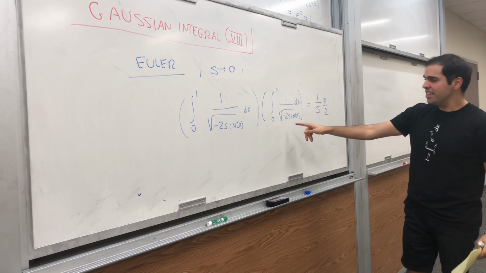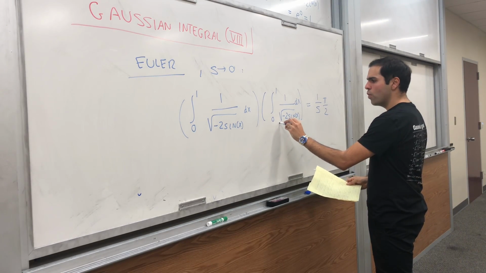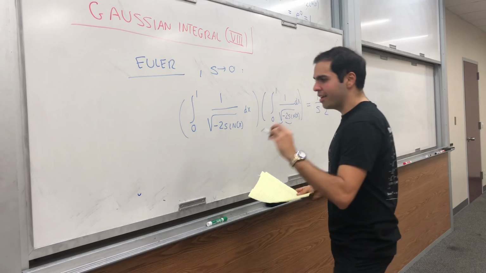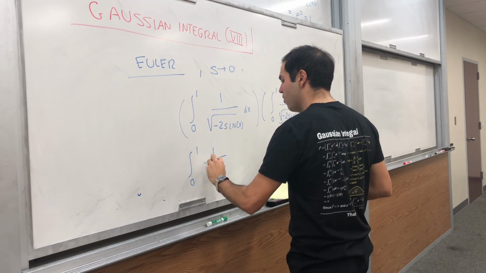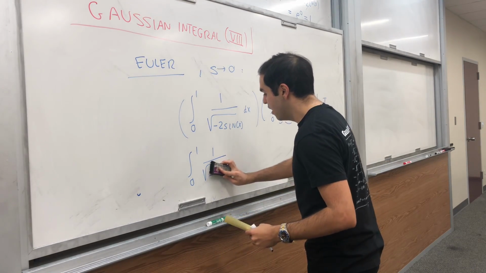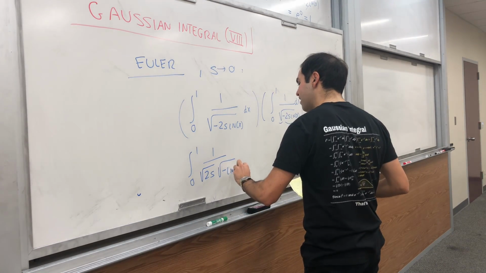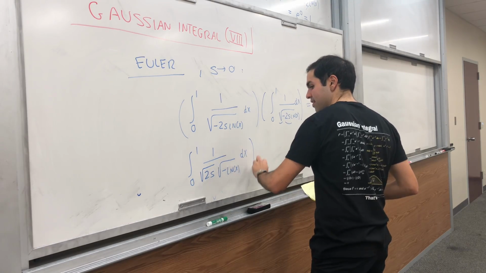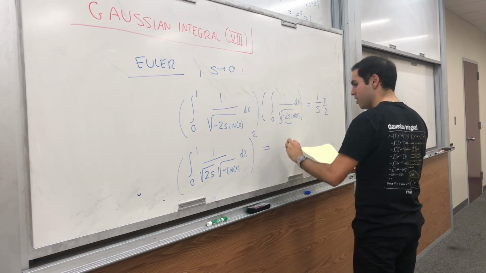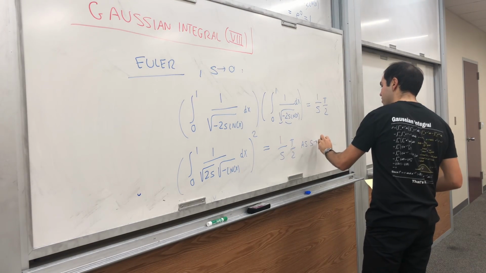But the nice thing is, notice there's this factor that comes out. Namely, there's this factor of the square root of 2s. So, again, first of all, it does become a square: the integral of 1 over the square root of 2s, times the square root of minus ln of x dx, squared, is equal to 1 over s times pi over 2 as s goes to 0.